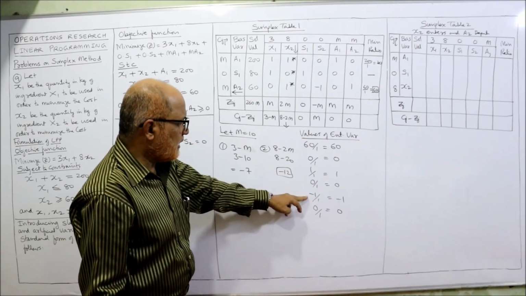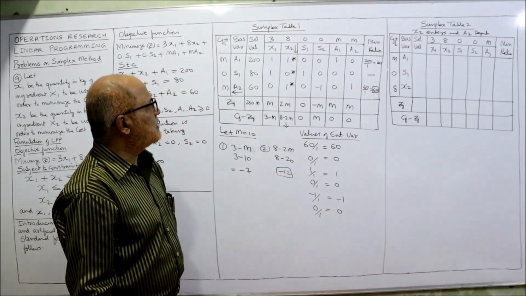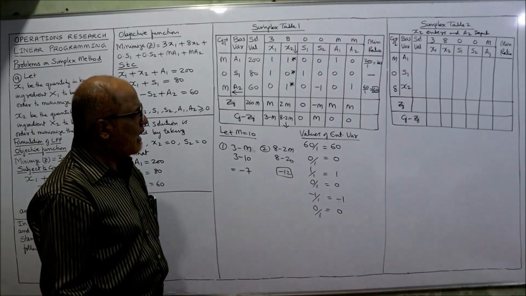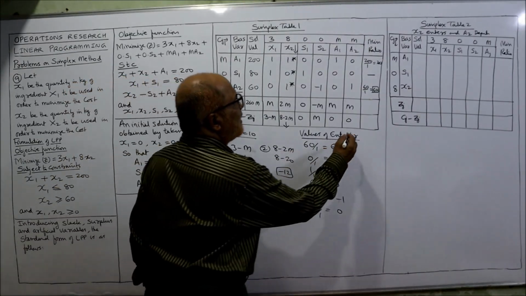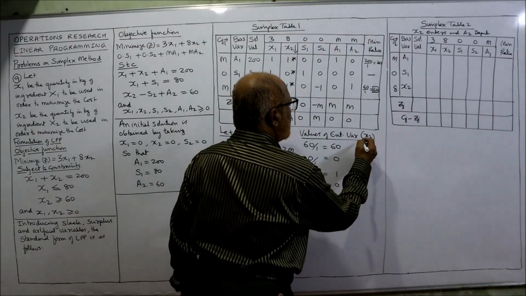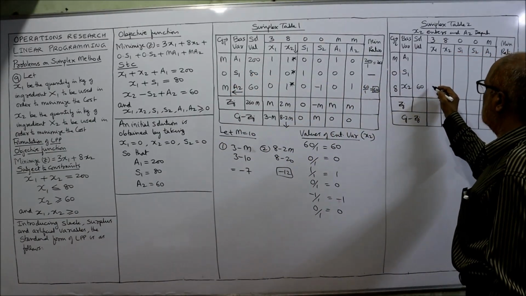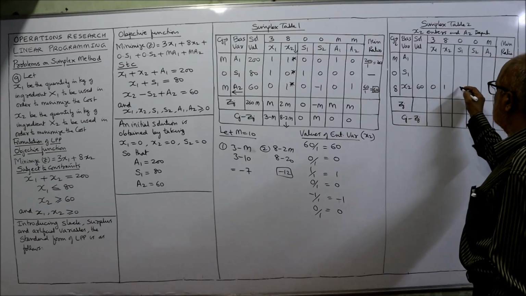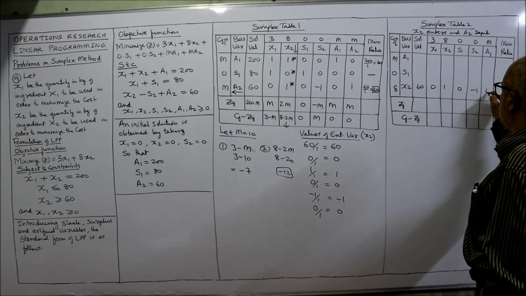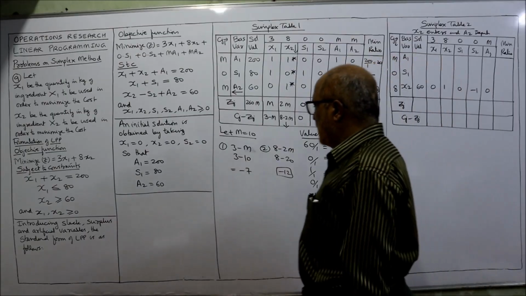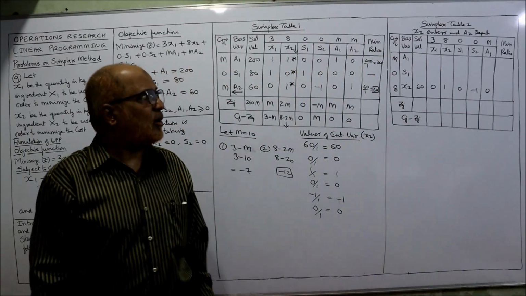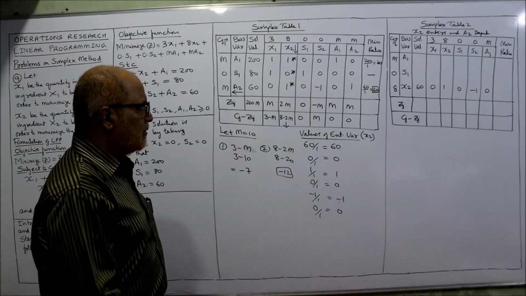Correct. Now these are the values of the entering variable x2: 60, 0, 1, 0, minus 1, 0. That's all.